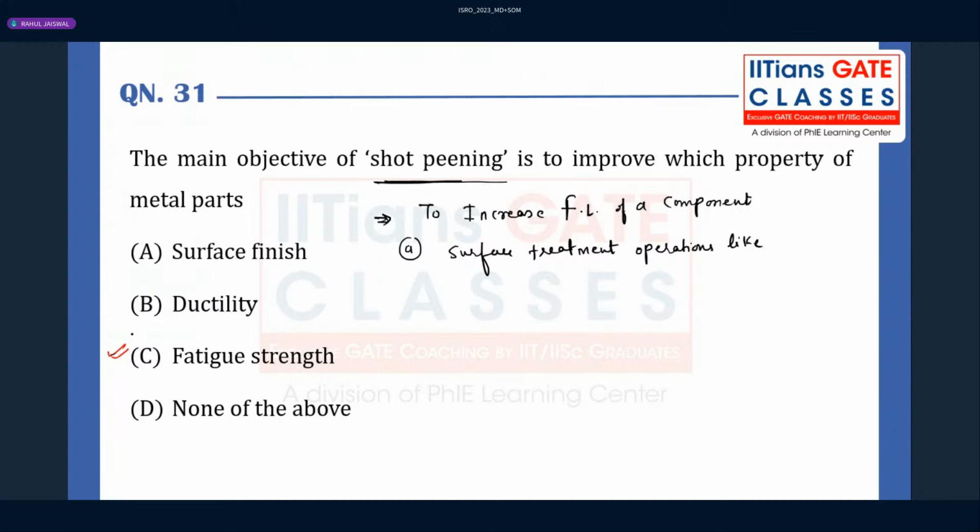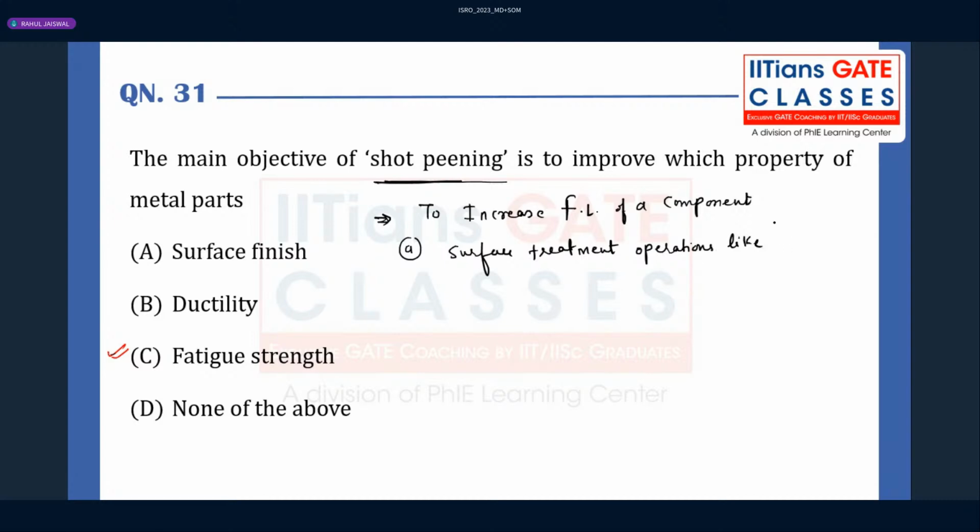This is the cold working operation, and in that too we try to introduce compressive load in that particular component by using this shot peening process.